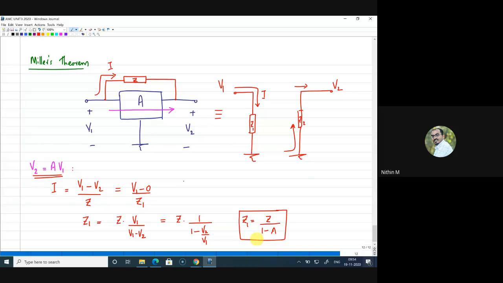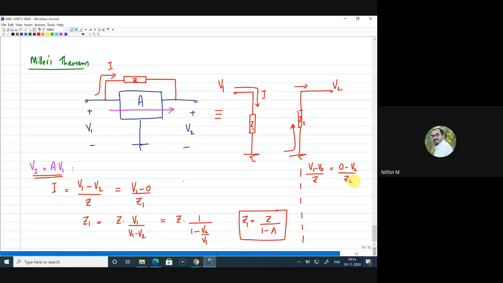Now, how to get the value of Z2? Z2 is also the same, right? V1 minus V2 by Z is this current. Now, how is that current flowing through Z2? That current is equal to 0 minus V2 by Z2, right?